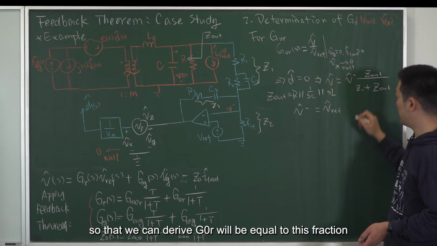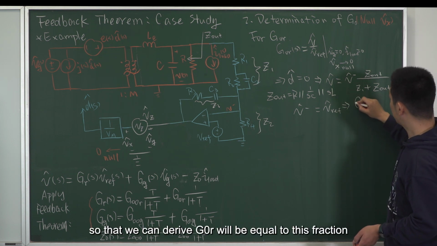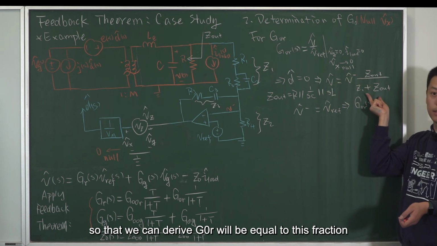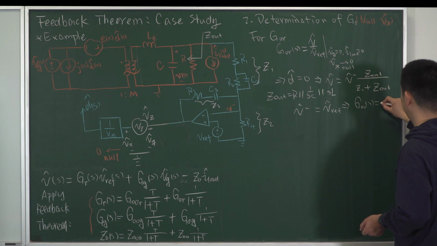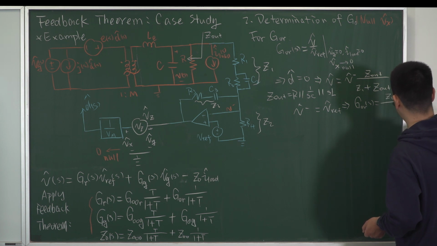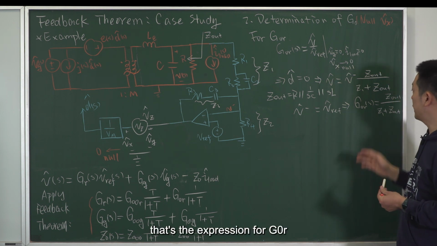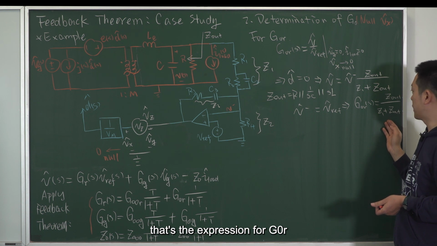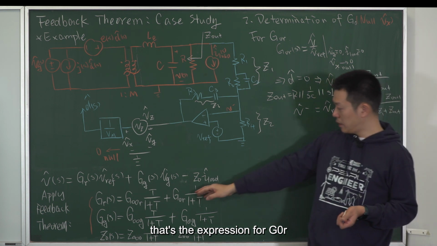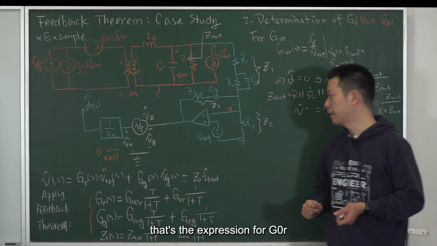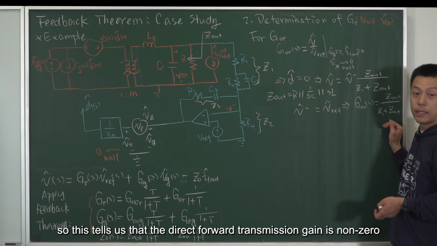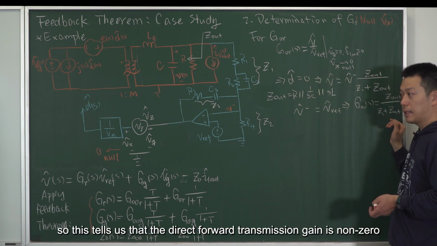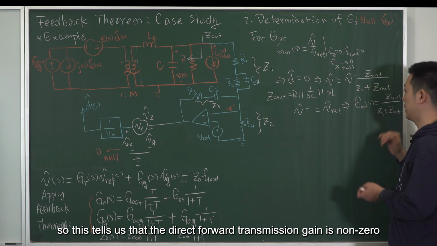So that we can derive G0R will be equal to this fraction. That's the expression for G0R. So this tells us that the direct forward transmission gain is non-zero.